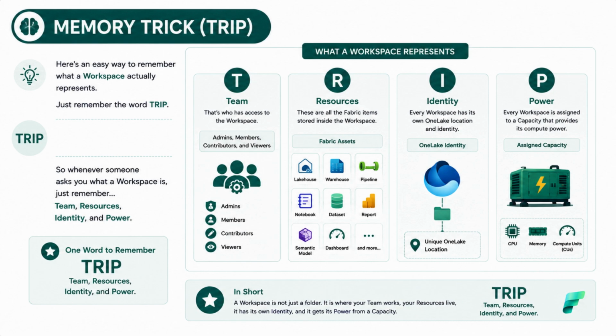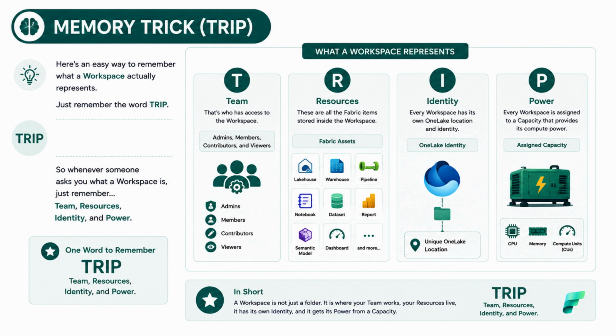If you are finding it difficult to understand or remember all these things, here is an easy way to remember what a workspace actually represents. Just remember the word TRIP. T stands for team. That's who has access to the workspace, like admins, members, contributors, and viewers. R stands for resources. These are all the Fabric items stored inside the workspace.